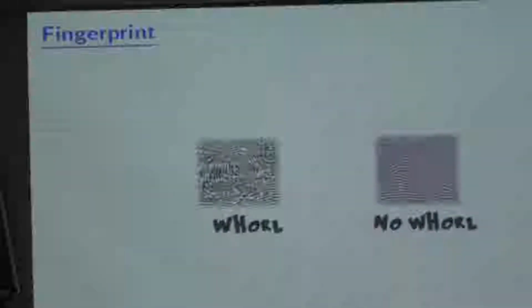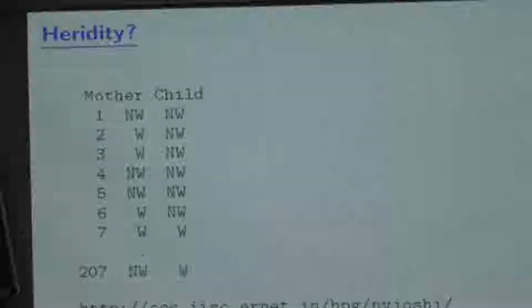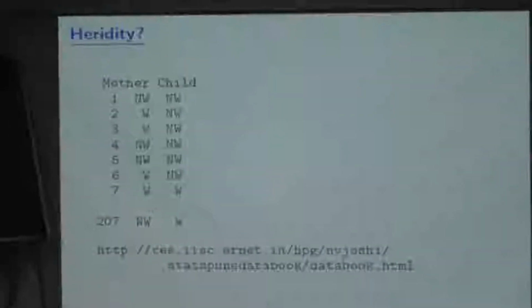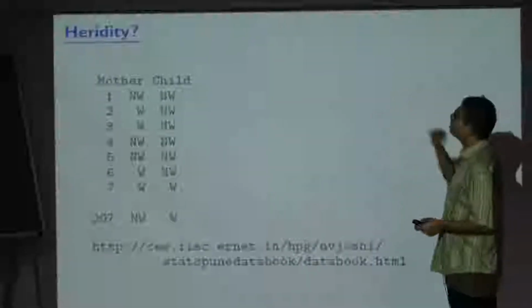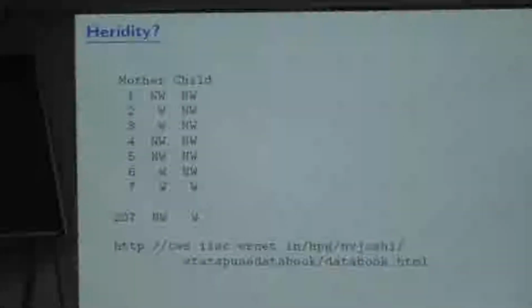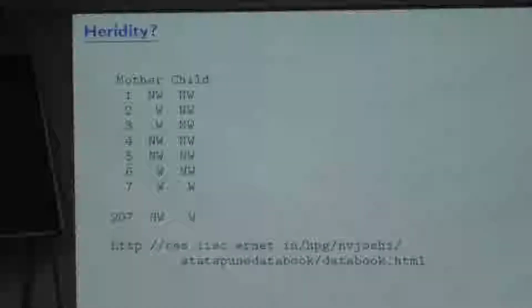And how do you find the answer to such a question? Of course, you use statistics, and for that, you collect data. So here is a typical data set that some people collected, and you can get the source from that website. It was collected in the following way. Some 207 families were interviewed, and the fingerprint pattern of the mother was found out.